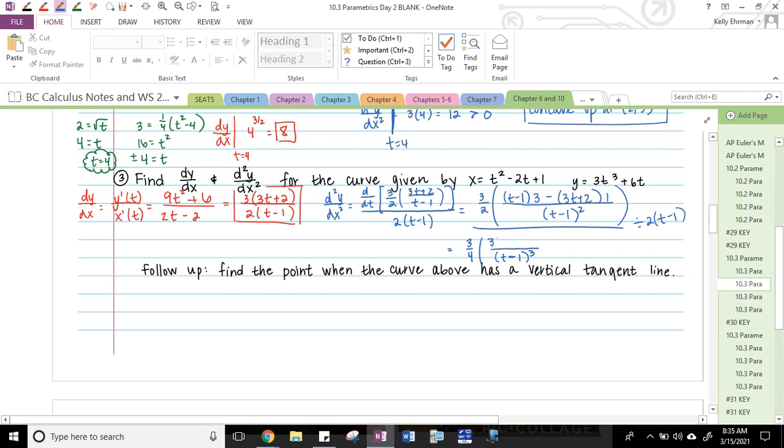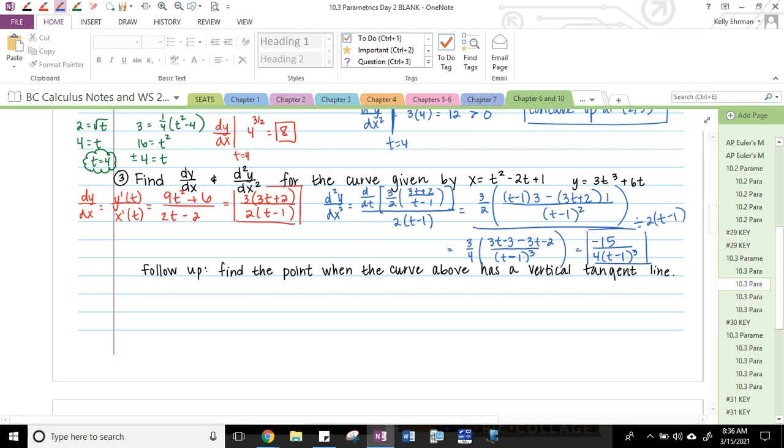I have 3t minus 3, distribute a negative through, minus 3t minus 2. That cleans up pretty nicely. So 3 times negative 5 is negative 15 over 4 times the quantity t minus 1 cubed. So that's our second derivative.